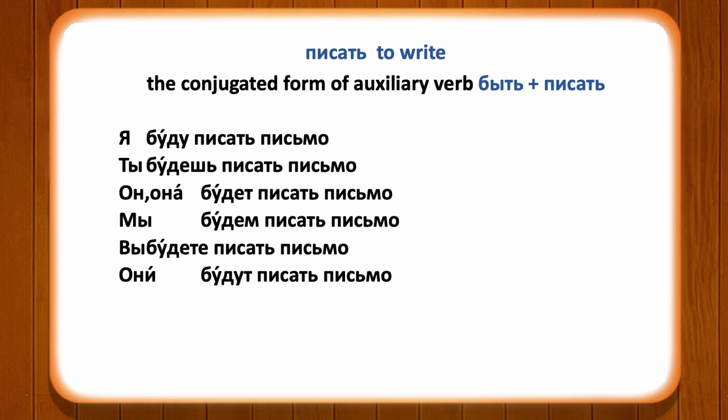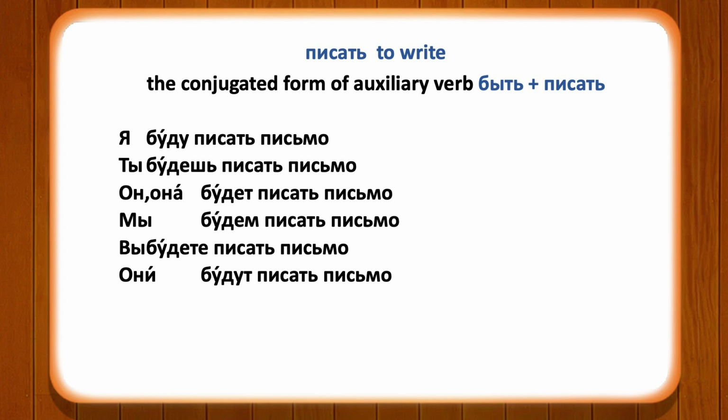It means she will be writing a letter. Мы будем писать письмо. We will be writing a letter. Вы будете писать письмо. You will be writing a letter. Они будут писать письмо. It means they will be writing a letter or they will write a letter.